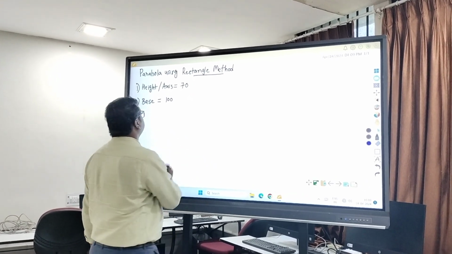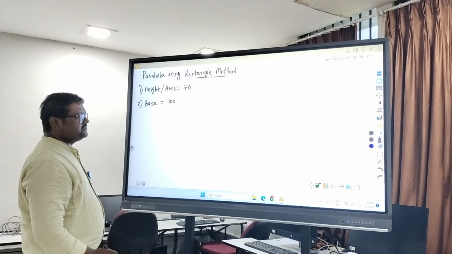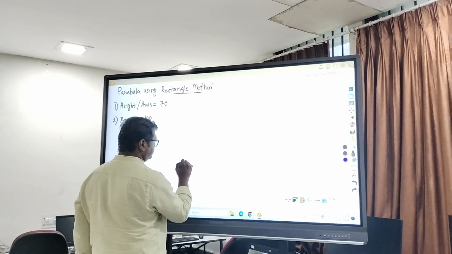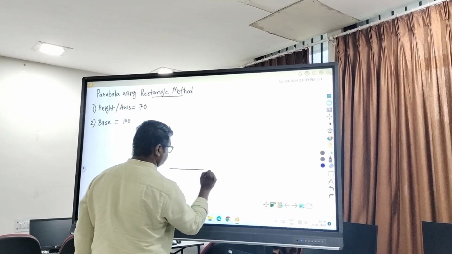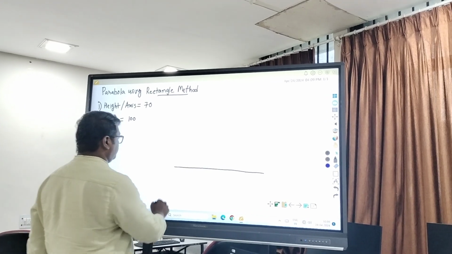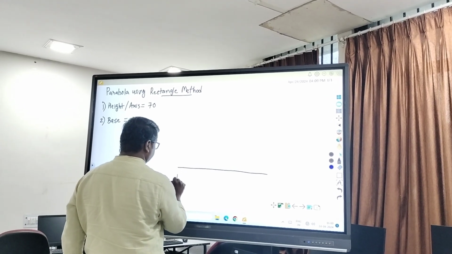So first of all, the first step is to draw the base of 100 unit length. So we will draw a horizontal line having a length of 100 mm or 100 units.